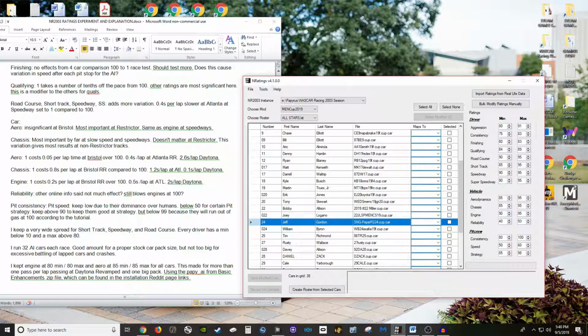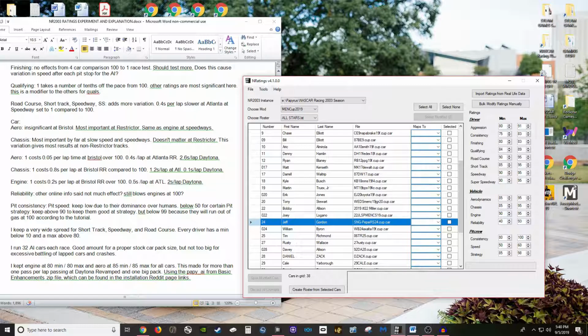If you have your rating at 1, it's going to be 0.2 seconds per lap at Bristol. You're going to be 0.2 seconds different. And then if it's at 100, not that much of a difference. At Daytona, it's going to be anywhere from 0.5 seconds a lap at Atlanta and 2 seconds a lap at Daytona.